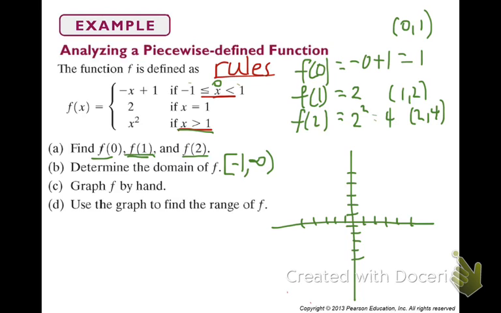Does it have an equal to the 1? No. So we're going to make that an open point, our y-intercept at 1. Okay, so negative 1 would be 2 right here. Is he included? Open or closed endpoint?